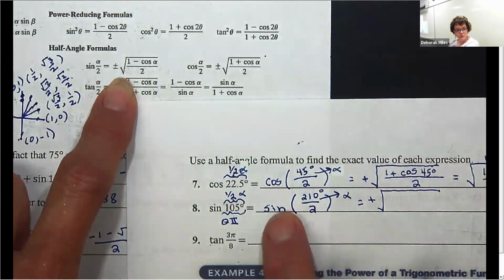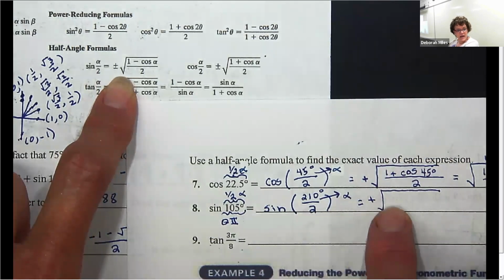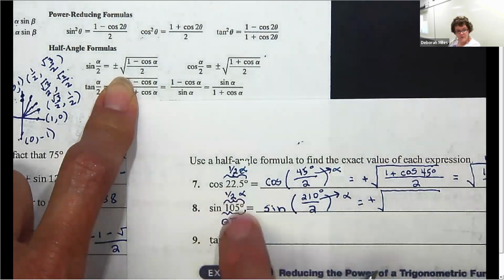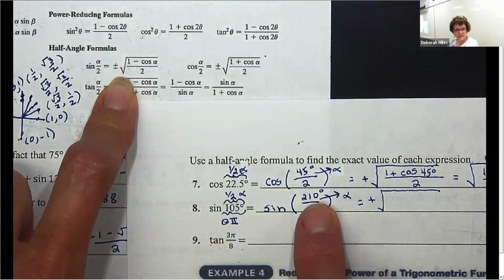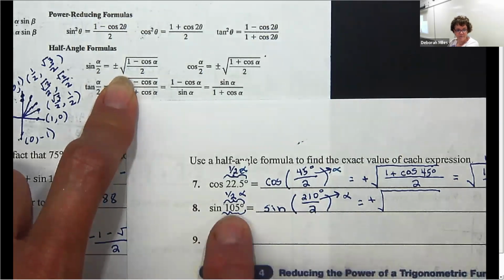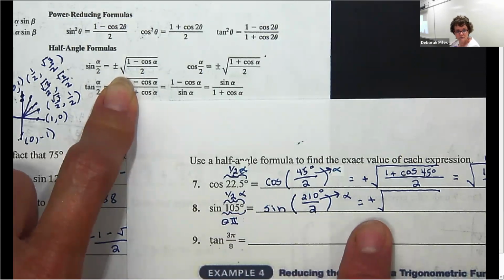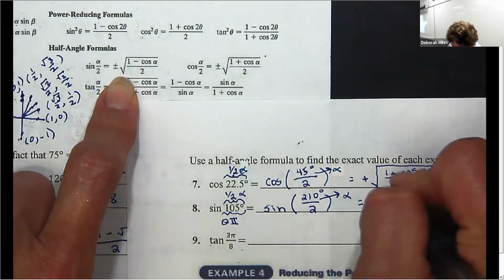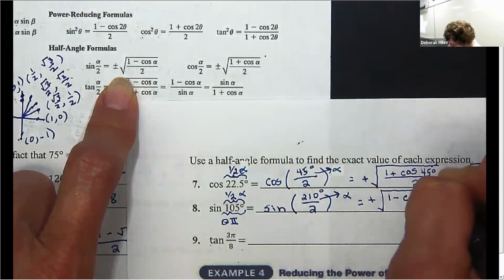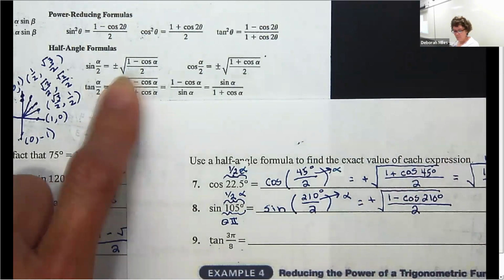Make sure you understand your sign in front of the radical is coming from the 105 degrees, not the 210 degrees. You're looking for the value of sine of 105 degrees. So the sine of 105 degrees has to be positive. And then you'd have 1 minus cosine of 210 degrees, divided by 2.